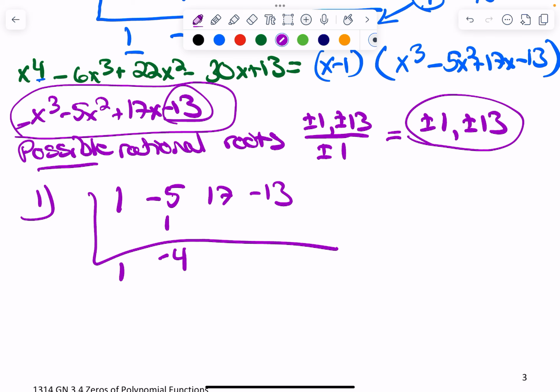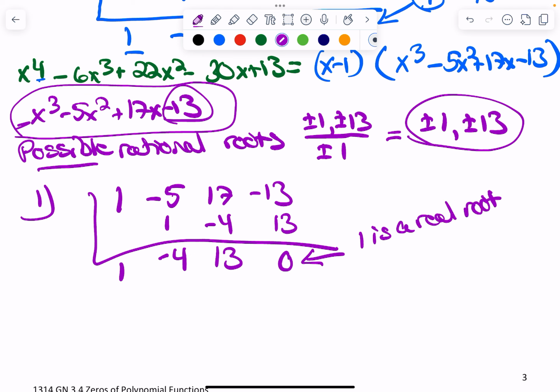Negative 4 times 1 is negative 4. 17 minus 4 is 13. 13 times 1 is 13. And again, look at that. We have a remainder of 0, so 1 is a real root. So x equals 1 means that x minus 1 equals 0 is one of the factors.